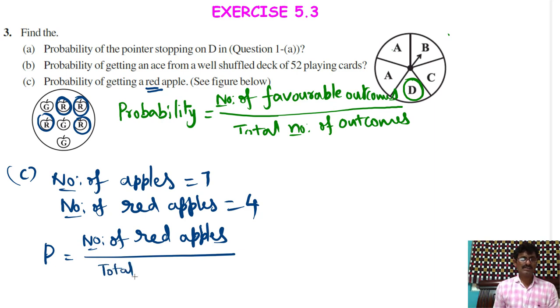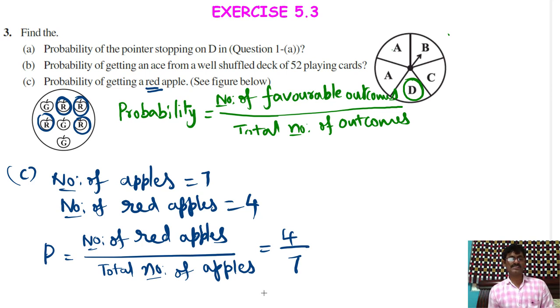Number of red apples is 4, divided by total number of apples, 7. So 4 by 7 is the probability in question number C.